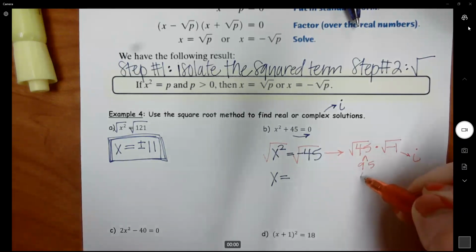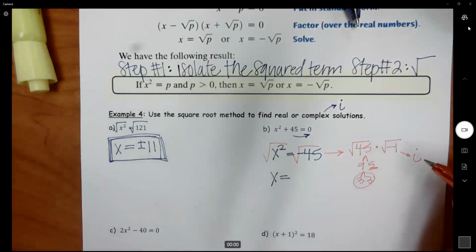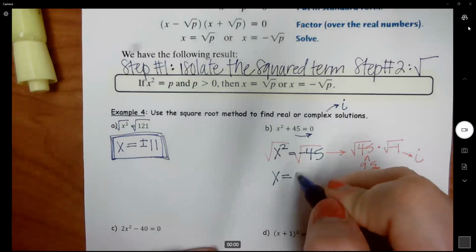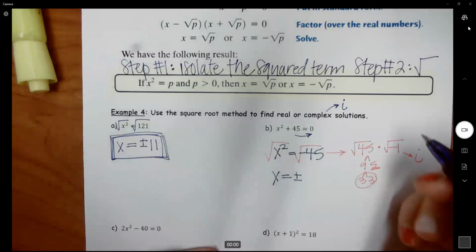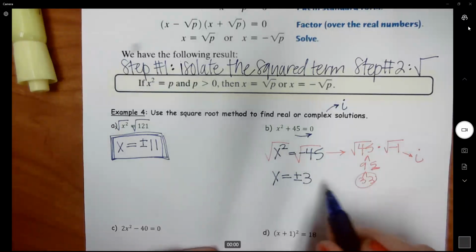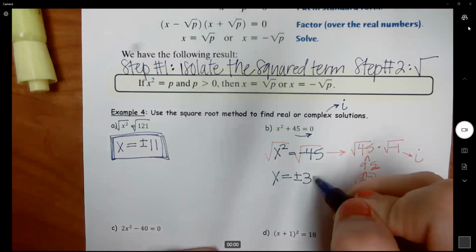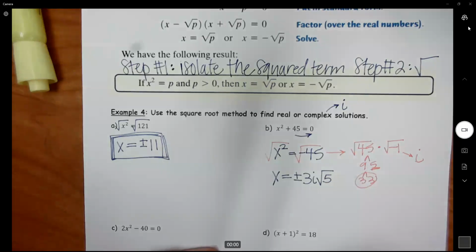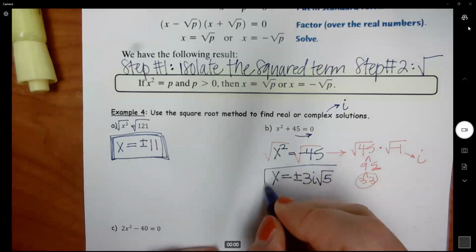That's 9 and 5, and 9 is 3 and 3. My 3 comes out, my 5 stays in. So this equals plus or minus, the 3 comes out, so does the i, and then that 5 stays in. So x equals plus or minus 3i square root 5.